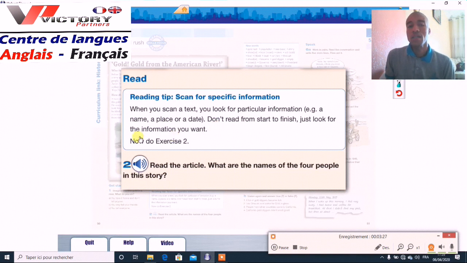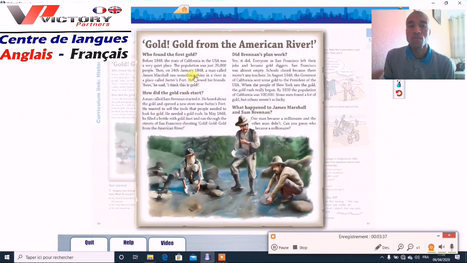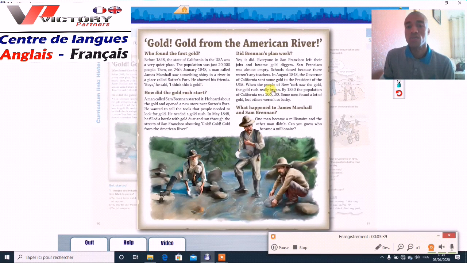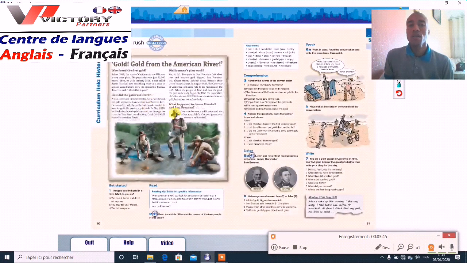So this is another technique of dealing with a text, especially if it is very long. But this one that we have is not that long. It is composed of just 4 paragraphs. But anyway, when you feel that it is difficult, you just look for the specific information that you want.